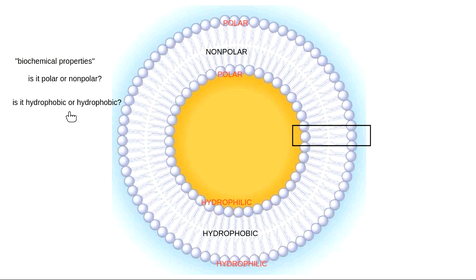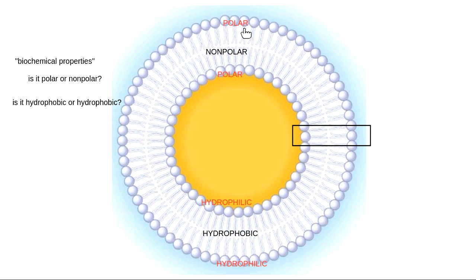So the tail will decide what can get in the cell. That's correct. Yep, it's these tail parts that I find here in the middle that are forming the barrier to decide what can and cannot get through. The head groups don't play a role in deciding what can and cannot get through, but they're important because these head groups like to be in contact with water because they're polar.